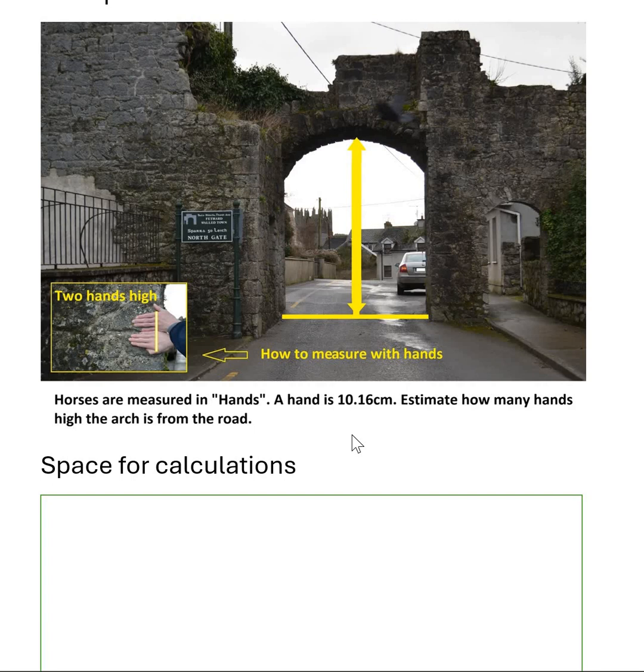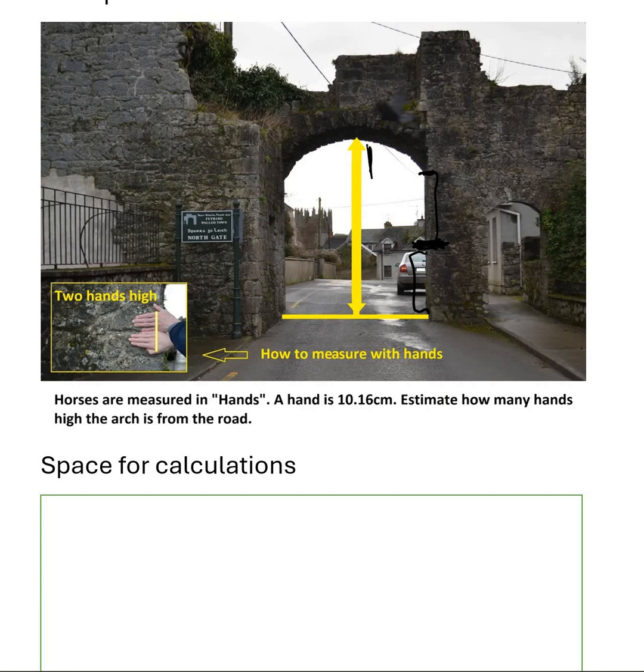Next question is by the Northgate Arch, and it's an estimate this time. It says horses are measured in hands, and a hand is 10.16 centimeters. Estimate how many hands high the arch of the road is. Now, unless we get a ladder and climb up, we're going to have to see how high it is to here, and then estimate, well, this is maybe half up to here, and then there's another few hands there.